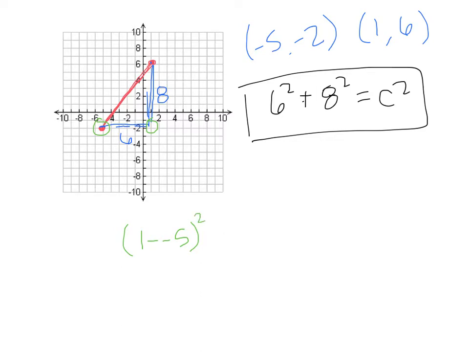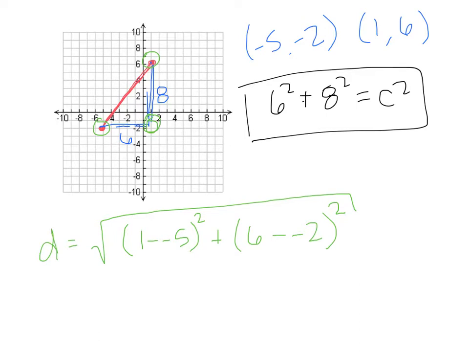Now again, we needed to find the distance between those 2 points. So we can think, okay, well, up at the top, that was 6 minus -2, and then we got 8, and we squared it. And then, at the end of the day, we had to take the square root, right, to get the actual distance.